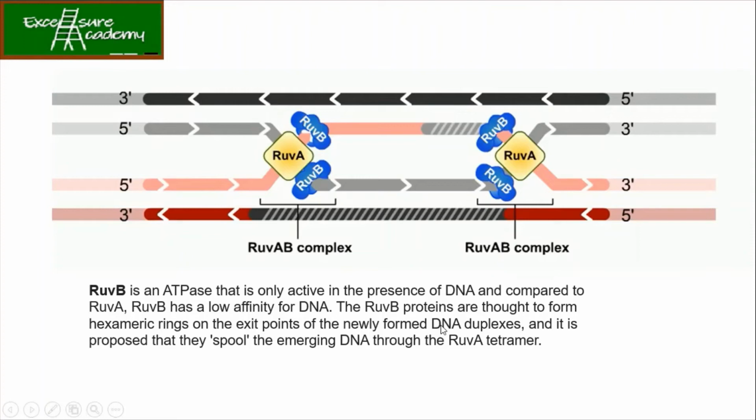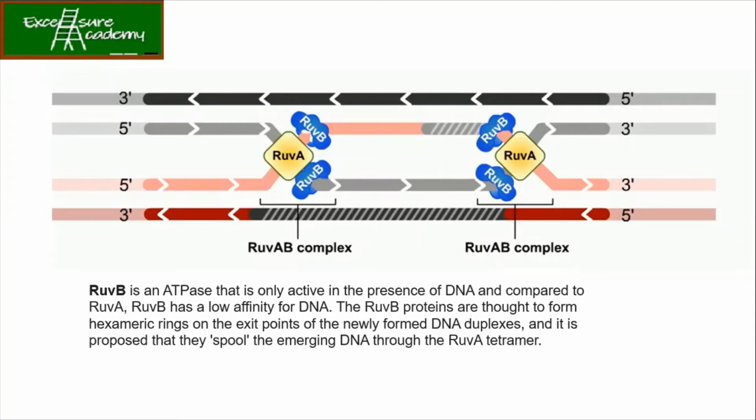They are the proteins thought to form the hexameric rings on the exit points of the newly formed DNA duplex. So as soon as the Holliday junction ends somewhere, RuvB will come there, and its work is to pull the DNA out from the Holliday junctions. Okay, able to follow, guys?